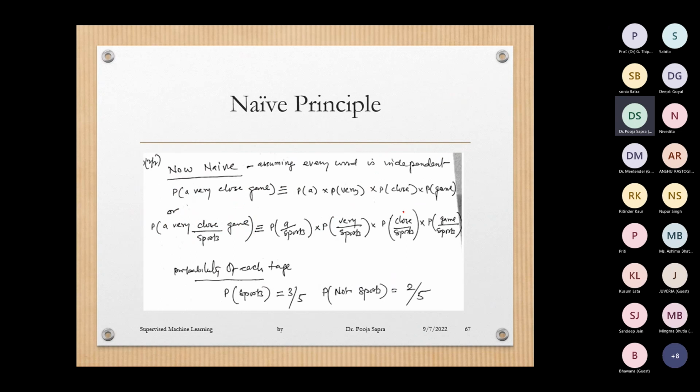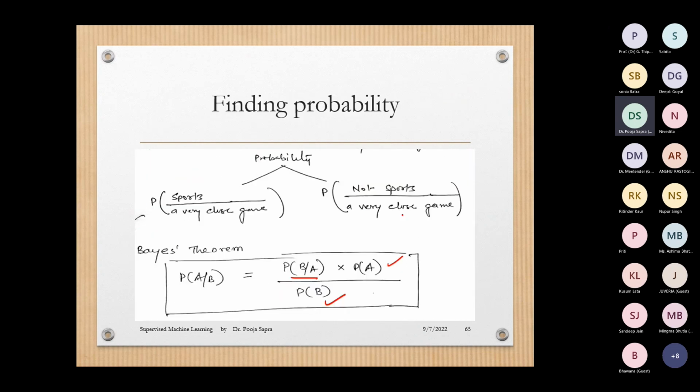Similarly, if I want to find out the probability of not sports also, in both cases the denominator would be probability of a very close game. Numerator will change, but denominator will remain same.